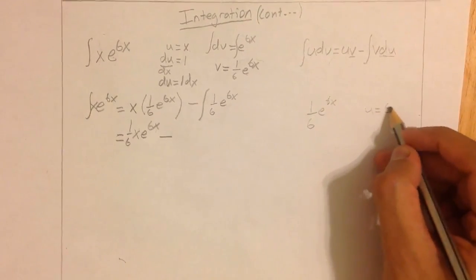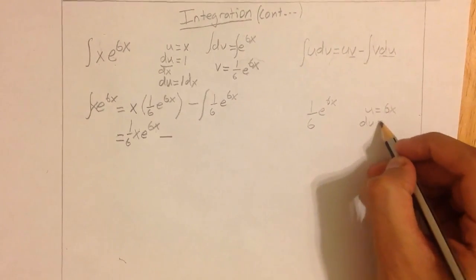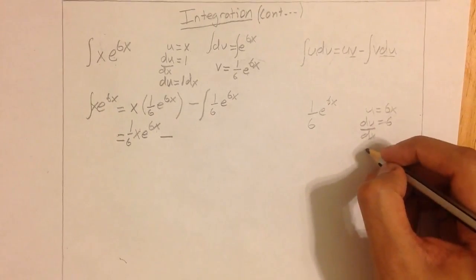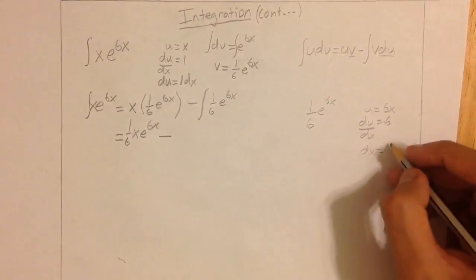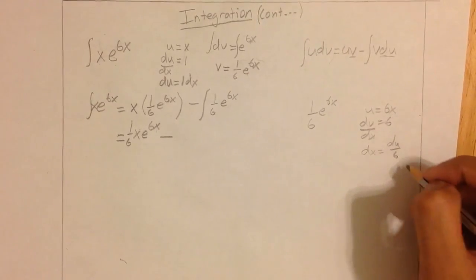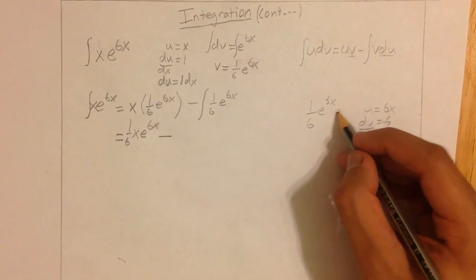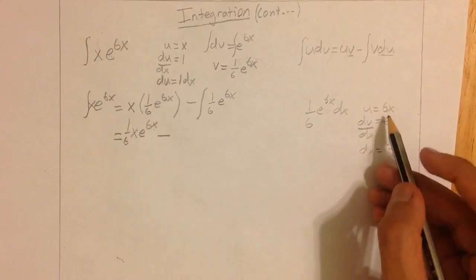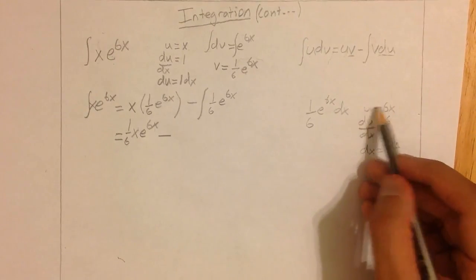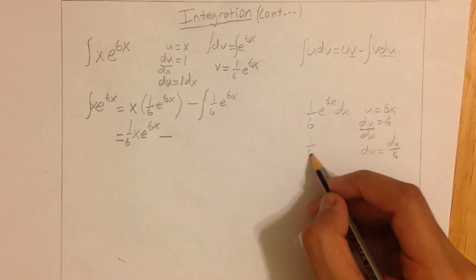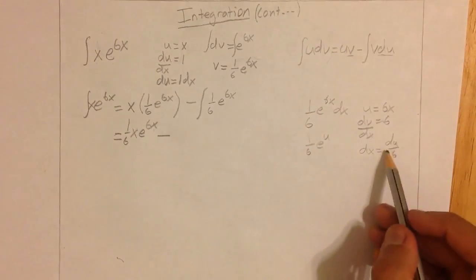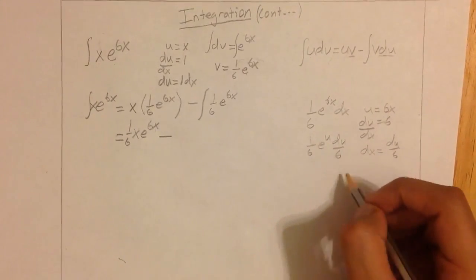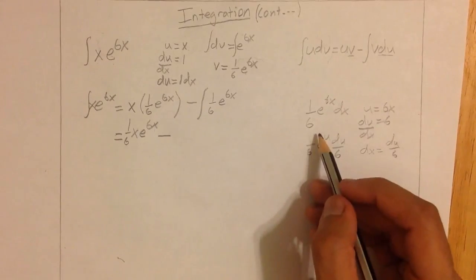Setting u equal to 6x, du equals 6, so dx equals du over 6. Remember there's a dx over here always. Plugging in u for 6x, and plugging in du over 6 for dx, we get everything in terms of u.